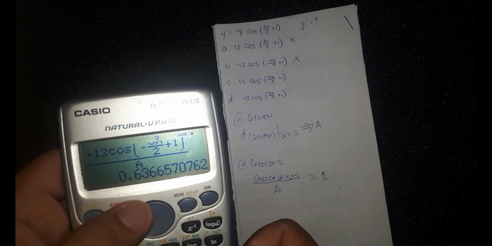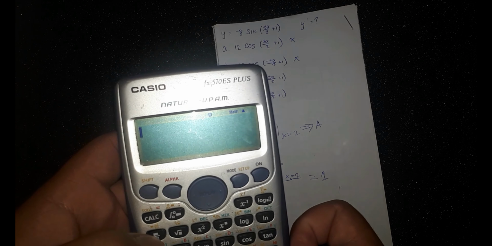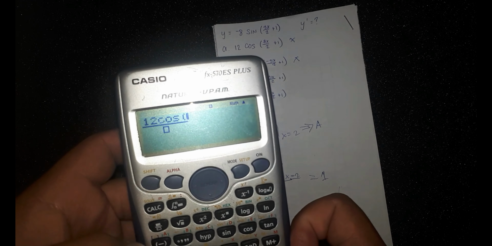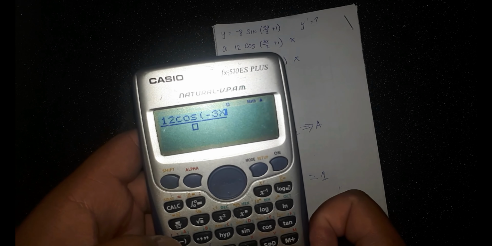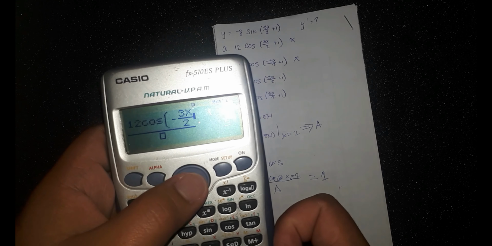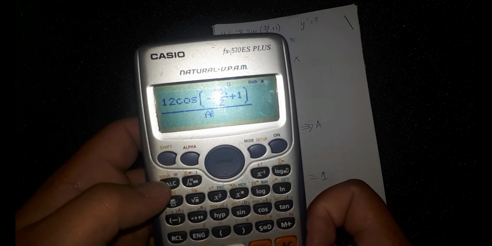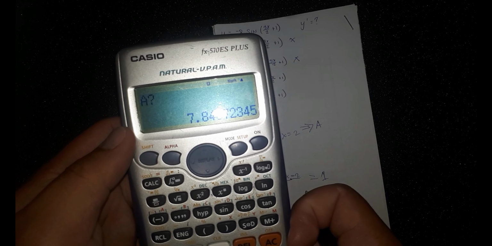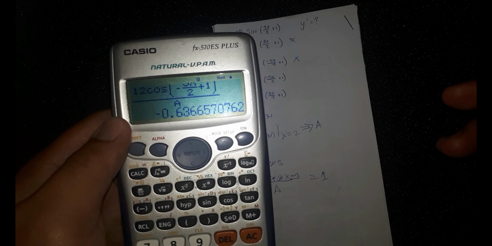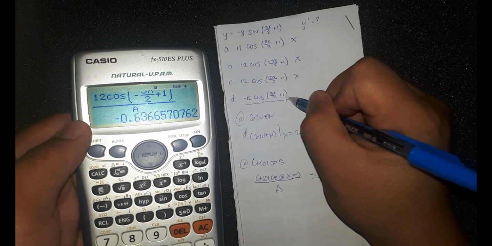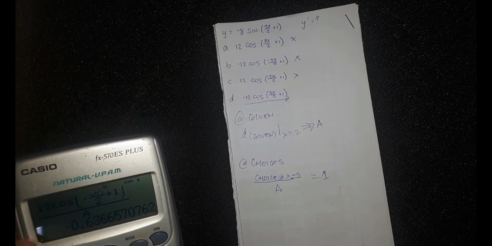Let's go to C. 12 cosine ng negative 3x all over 2 plus 1 all over A, calc, negative 0.64. So let's then prove again that D is the correct answer.